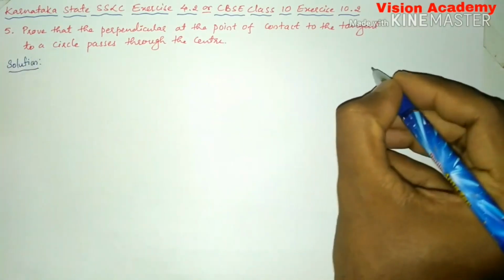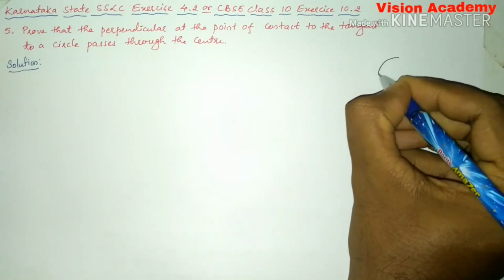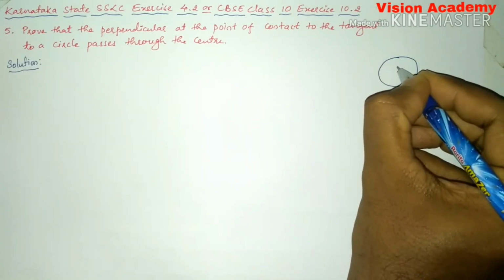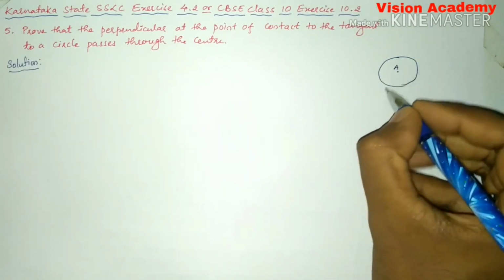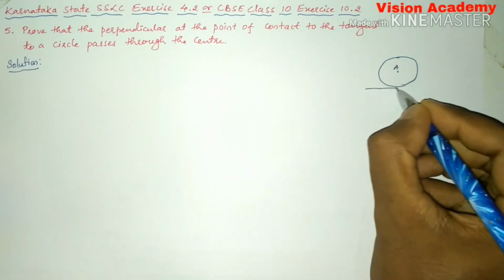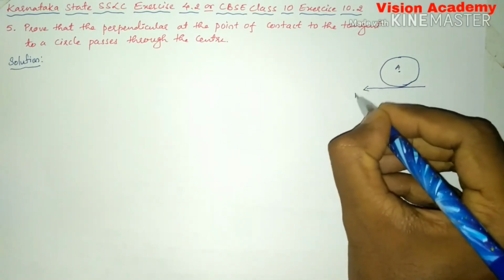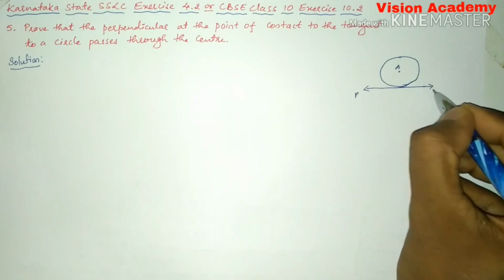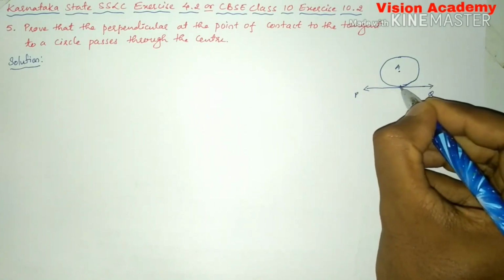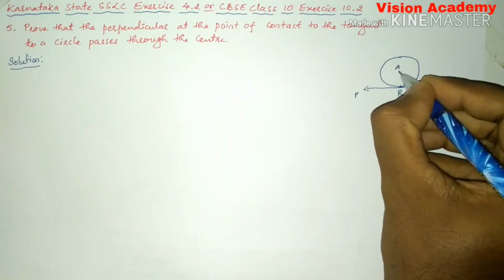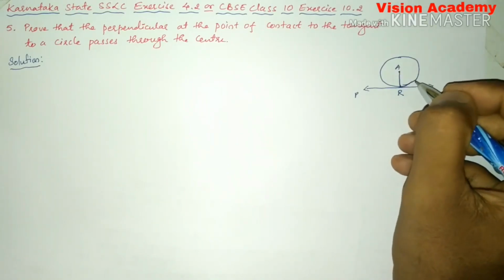Let us draw a circle with center A, and let us draw a tangent called PQ, which touches at the point of contact R, and AR is the radius.